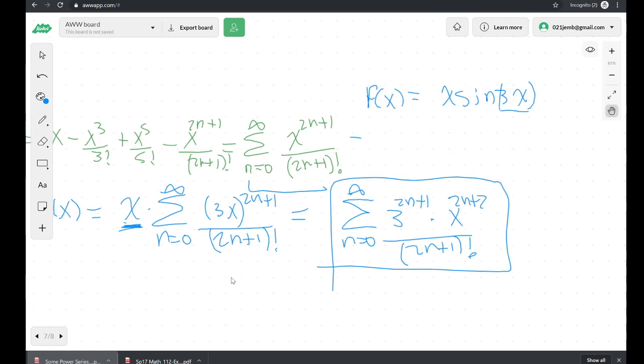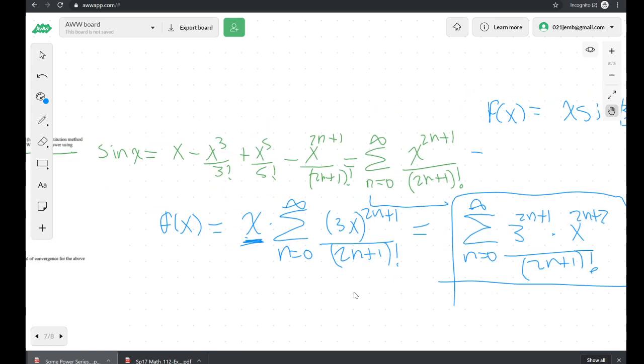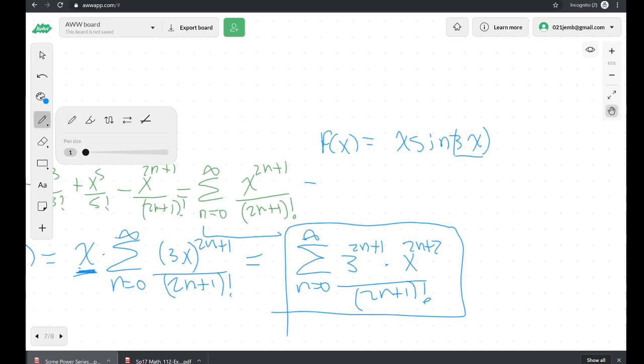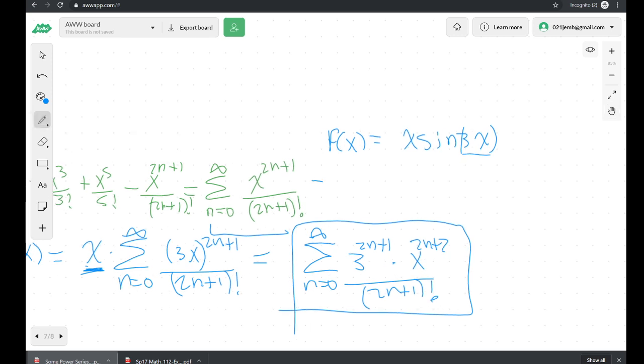Oh, and also don't forget that we have to consider the alternator. So yeah, my bad. This over here is actually times negative 1 to the n, because we have an alternation of signs. So this has to be included.